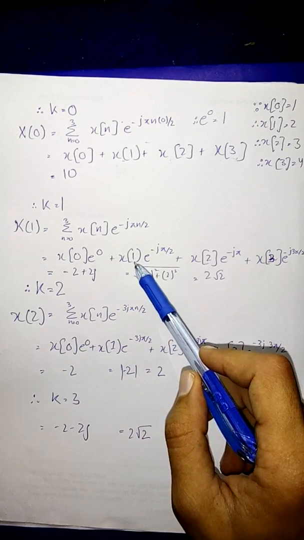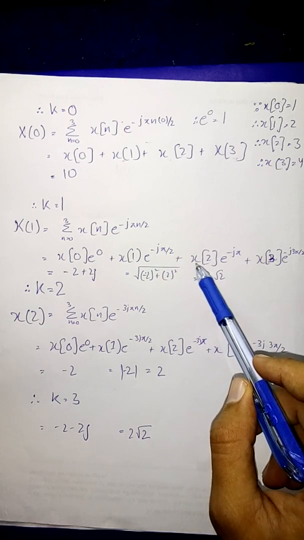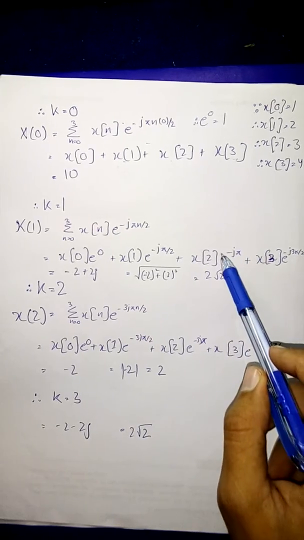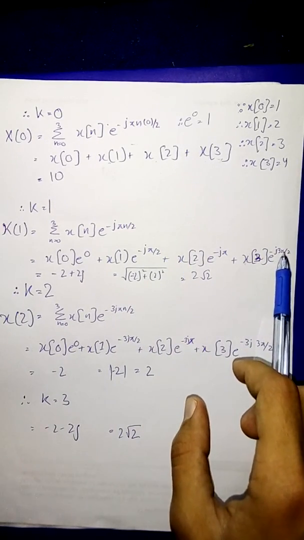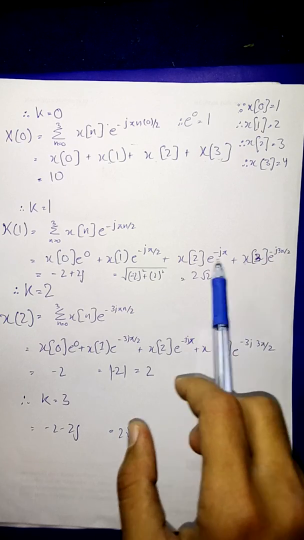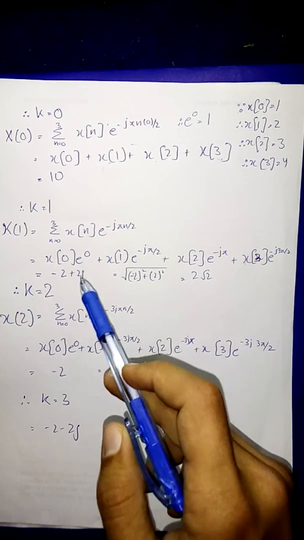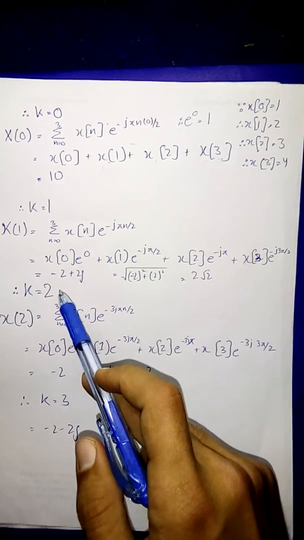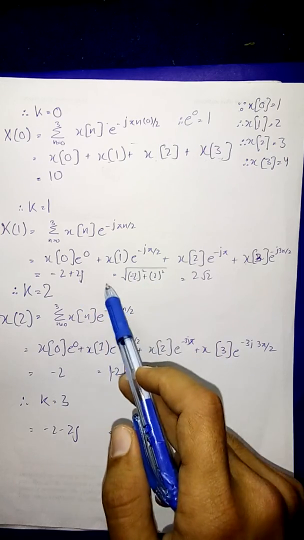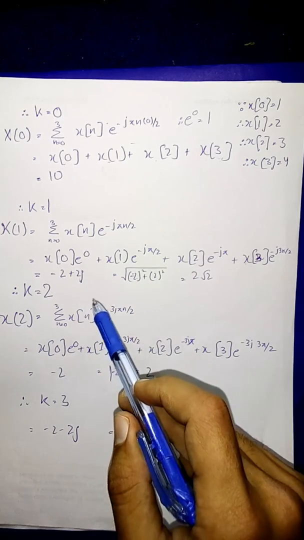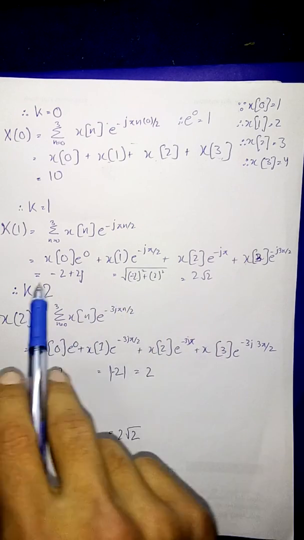When n is equal to 1, this is minus j pi by 2. When n is equal to 2, the 2 cancels out, we get minus j pi, and when 3 we get minus j 3 pi by 2. When we simplify this whole expression with the help of a calculator we get minus 2 plus 2j. Then we have to take the mod. By taking the mod we get root 8, or 2 root 2.